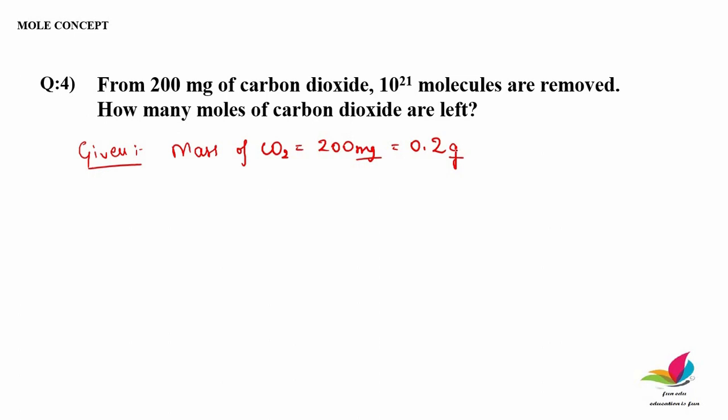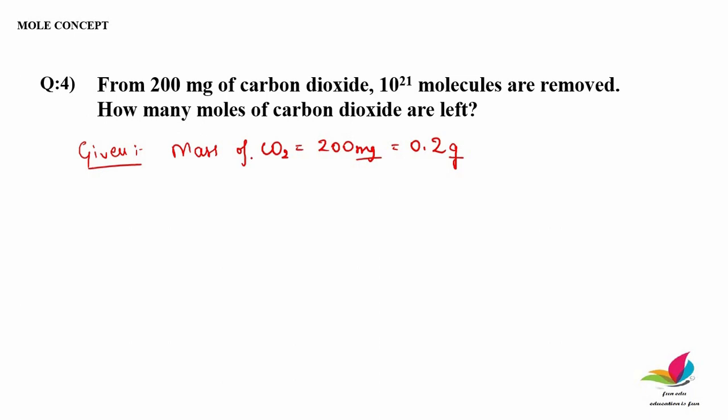Okay, so why I have converted this to gram? Because later while calculating we will be going to use gram molecular mass, which will be in terms of gram. So that's why we have converted this into gram. That will be very easier for us to calculate. Okay, so mass of carbon dioxide will be equal to 200 milligram, which is equal to 0.2 gram. I hope you know how to convert this milligram into gram.